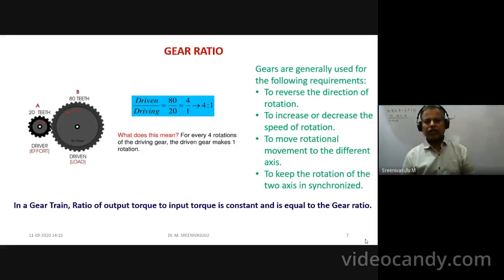Then the fourth one is to keep the rotation of the two axes synchronized. Irrespective of the RPM you give for A, in correspondence to that, the RPM of B is going to satisfy this particular gear ratio of 4 by 1.